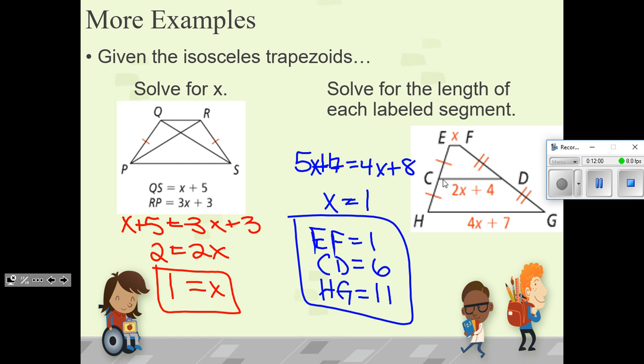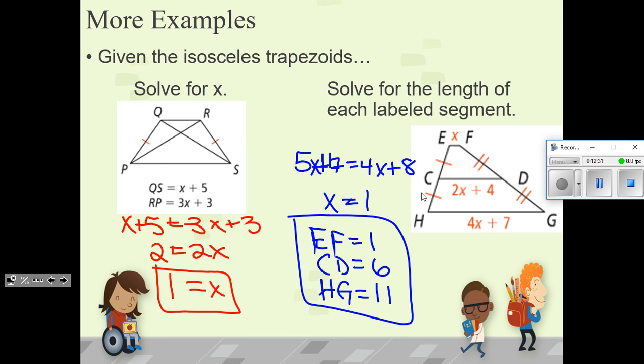For these, 2x plus 4 times 2 equals 4x plus 7. I'm sorry, that's not correct. So x, the top, x plus 4x plus 7, if you add the top base and the bottom base, divided by 2, that's going to equal this. So we're going to do x plus 4x plus 7. x plus 4x is 5x plus 7.